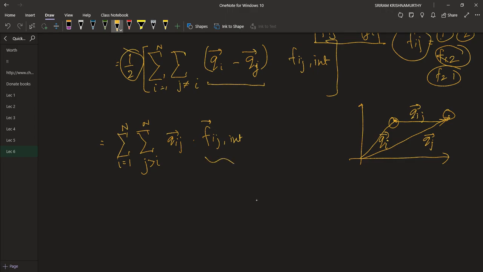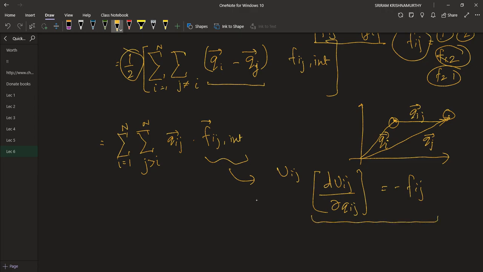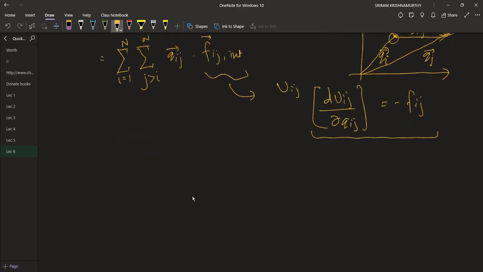And then we know this, as I told earlier, comes from the potential Uij, and the way to calculate it is dou Uij by dou Qij should be equal to the Fij, right? So the derivative of potential with respect to the distance is the force.